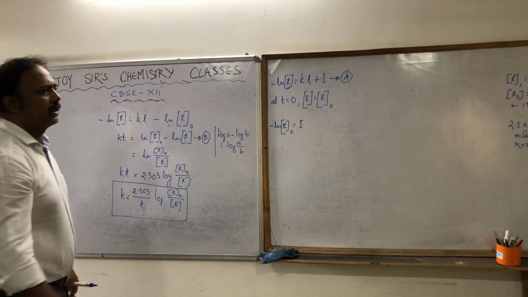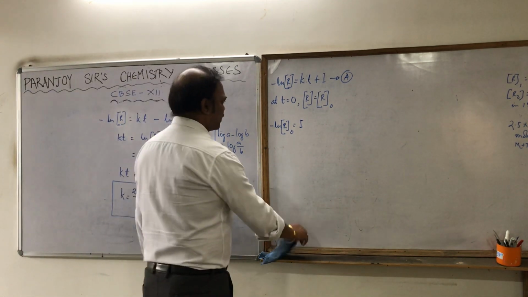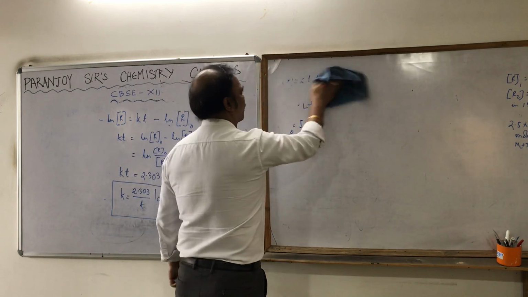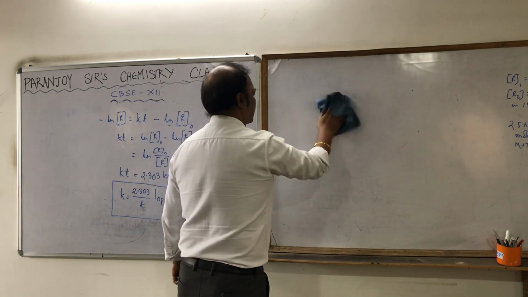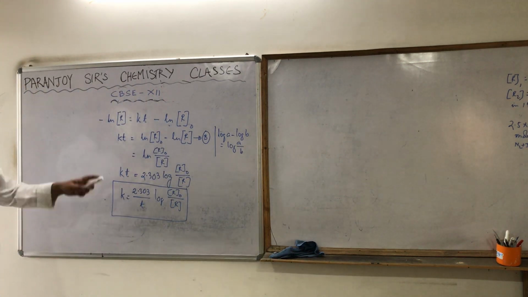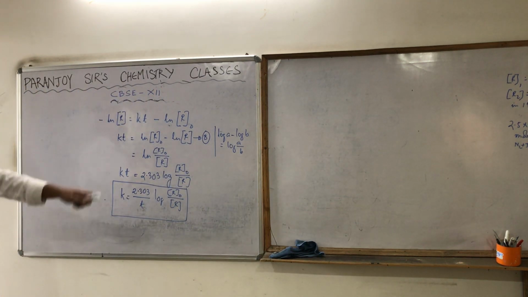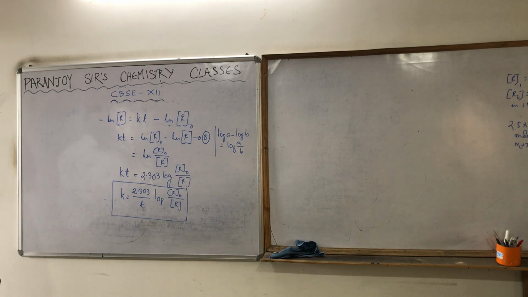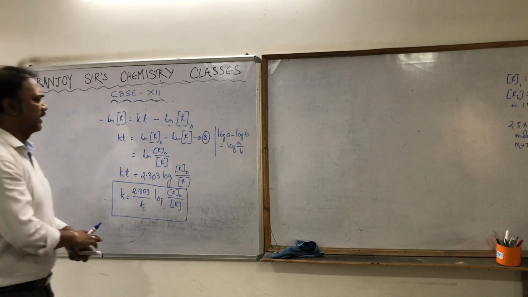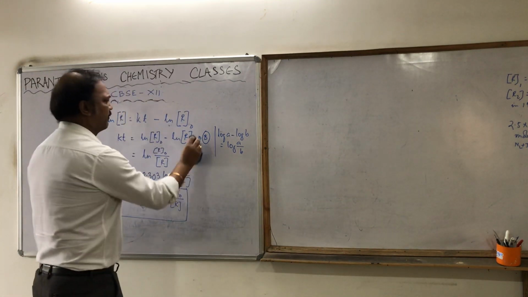Now the graphical representation of the first order reaction is the next one. Right, from equation B, you can write this as equation B, not this one, the previous one.